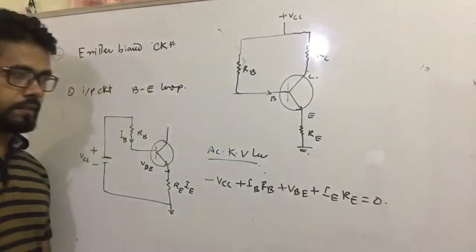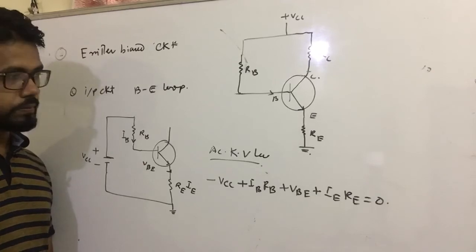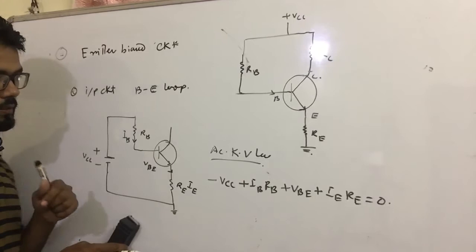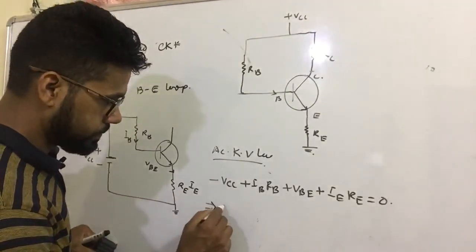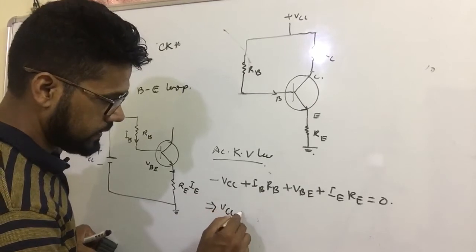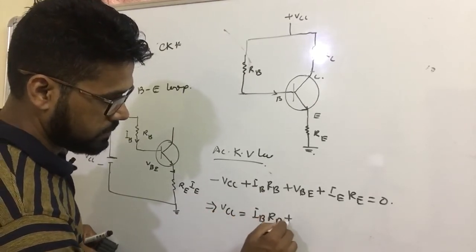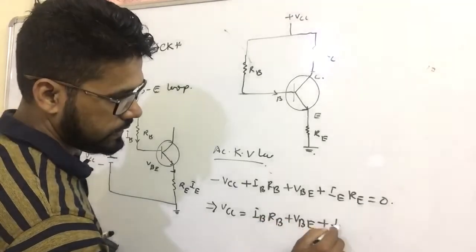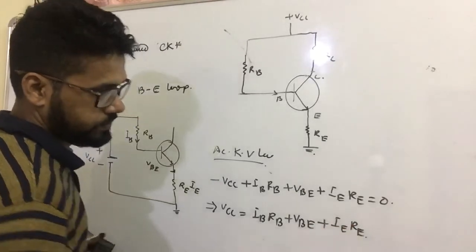Is it okay? So you can also write VCC equals IB RB plus VBE plus IE RE. Is it okay?